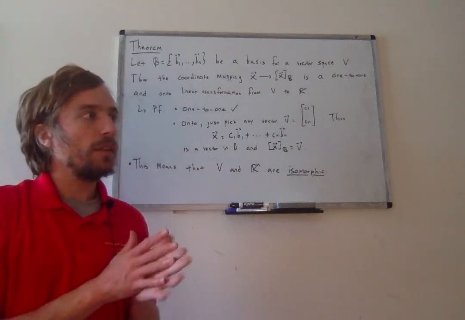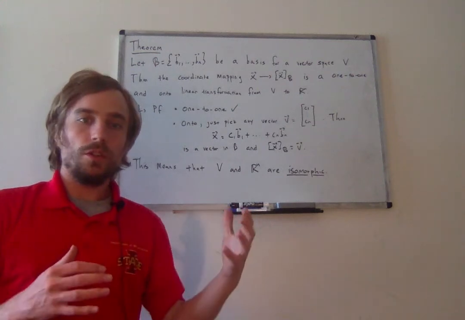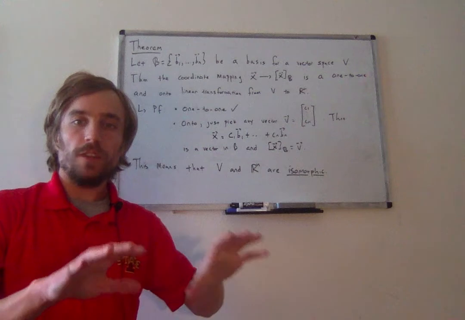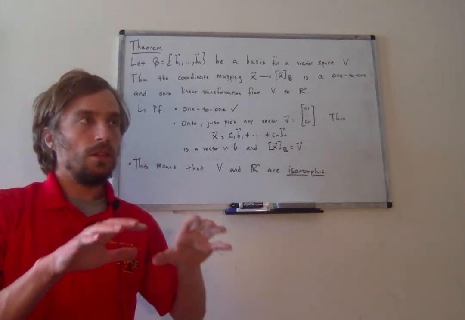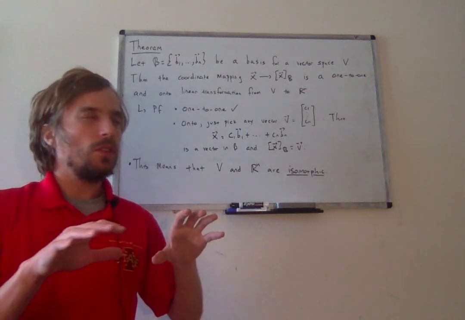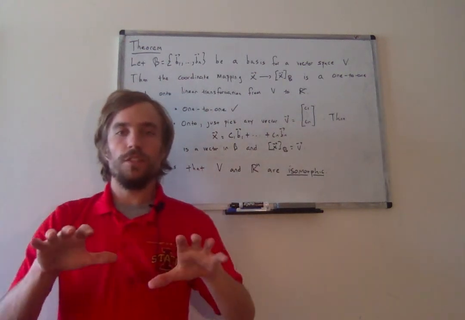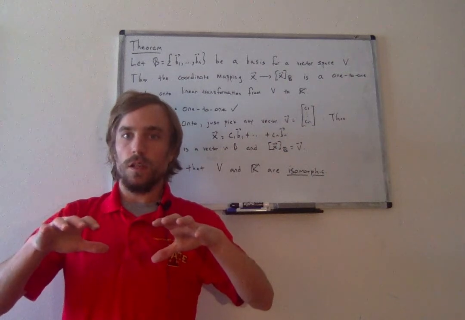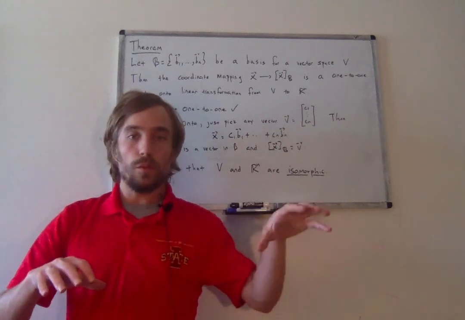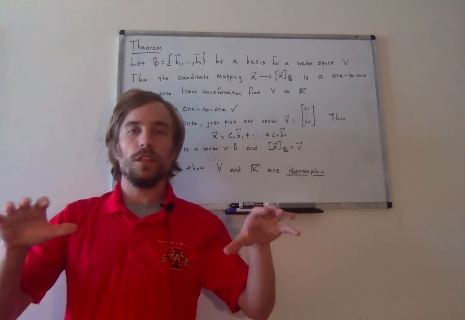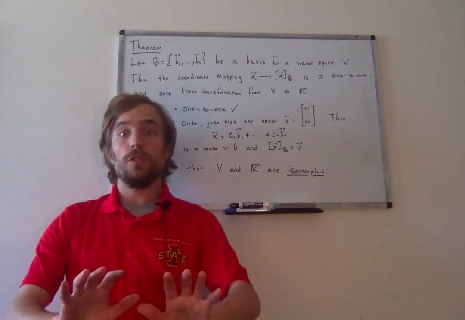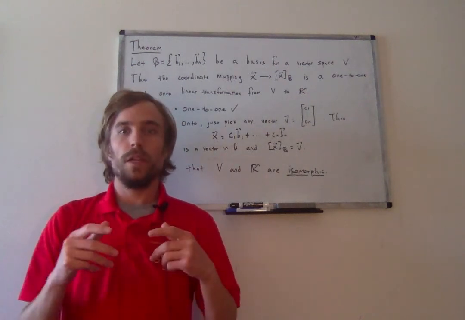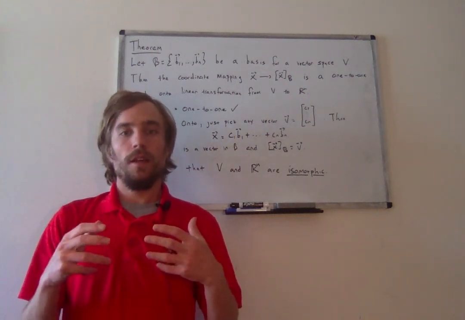Certainly the space P2 and R3 aren't the same, but if you look at them just as vector spaces and not noticing the individual elements, one we're defining as polynomials, one as vectors, they would look the same because they would interact the same way.